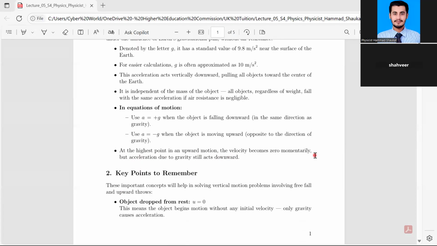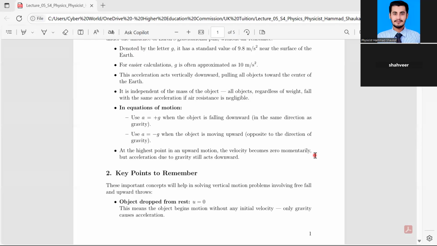Zero. Yes, zero. Because you threw a ball upward with some initial velocity, let's suppose it's 10 meter per second. But at the very highest point, the ball may remain stopped for some milliseconds. At the top point, your velocity becomes zero, and again your ball moves downward under the action of gravity.